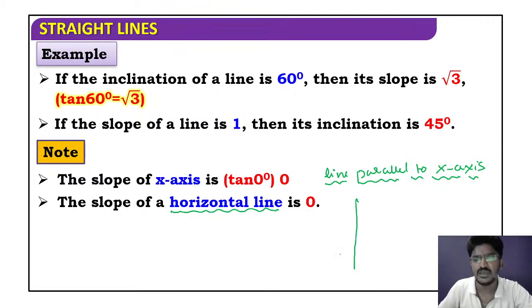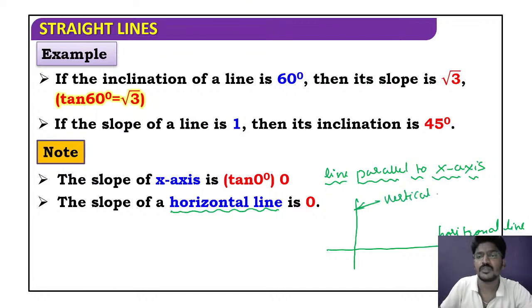You can just see this is called horizontal line. And this is called vertical line. Y-axis is called vertical line. X-axis is called horizontal line, and you all know that horizontal lines are always parallel to x-axis.